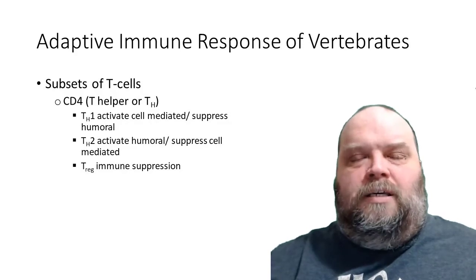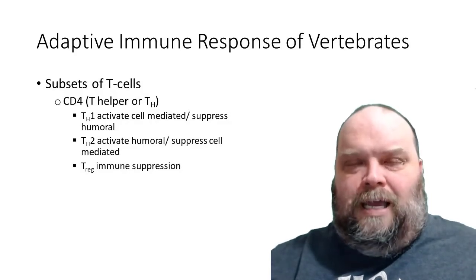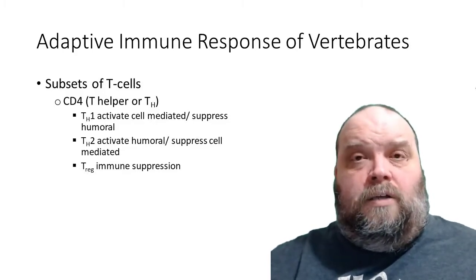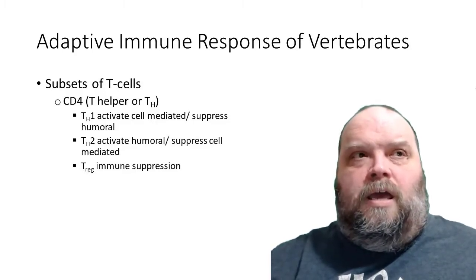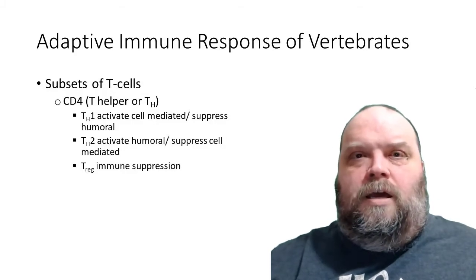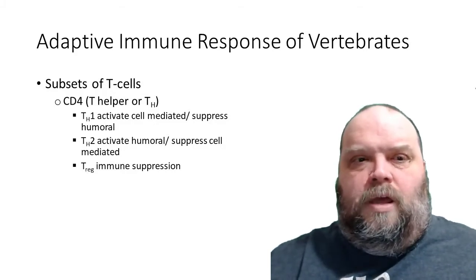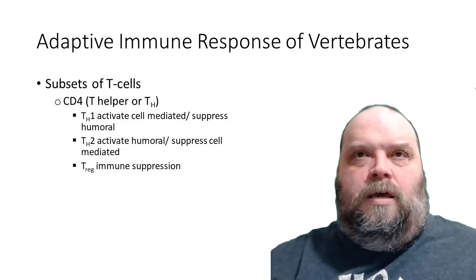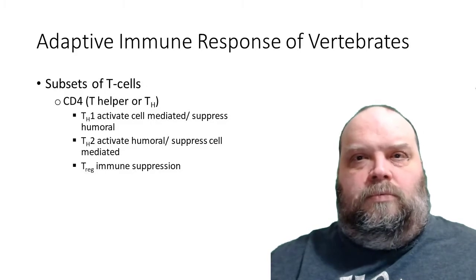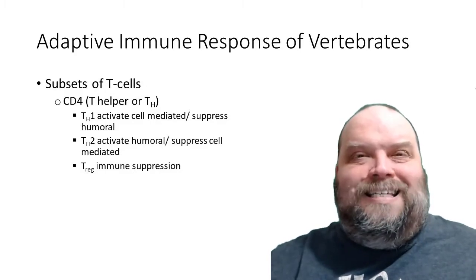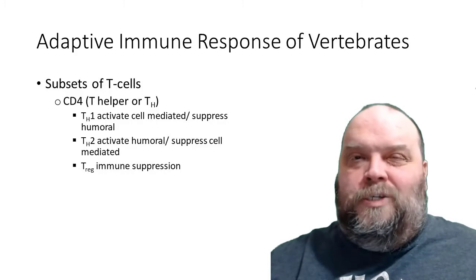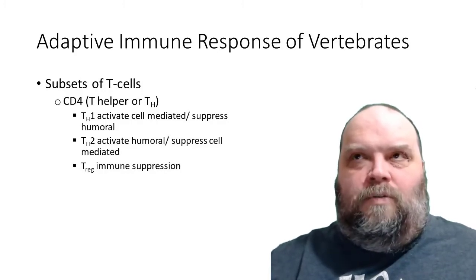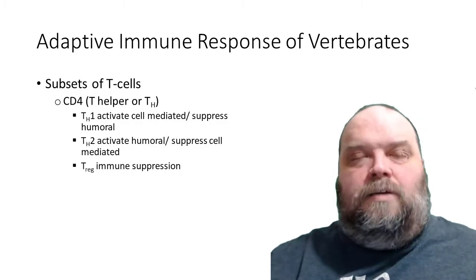It turns out that this class of T cells has a receptor and a co-receptor on its surface. The co-receptor is of such a shape that they refer to it as CD4. Spoiler alert, there's another type of co-receptor they refer to as CD8, and we'll talk about that in a few slides.